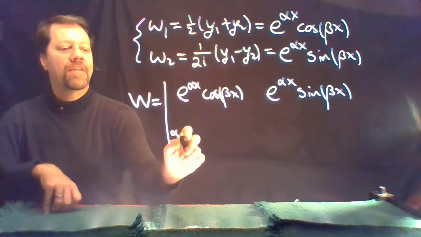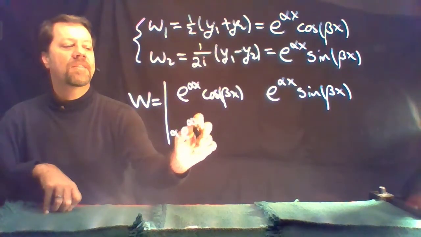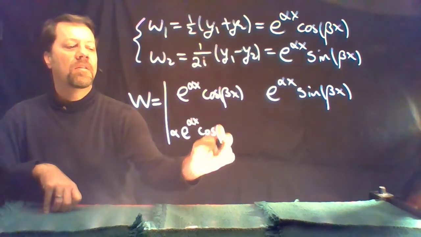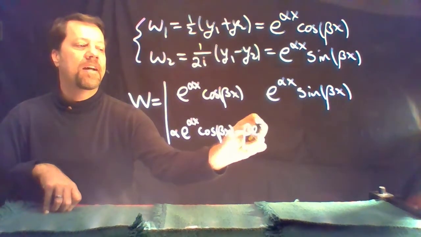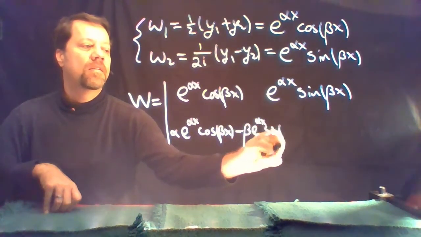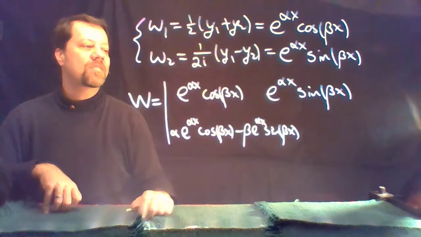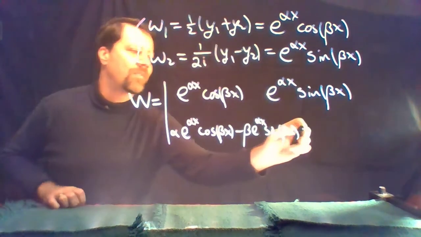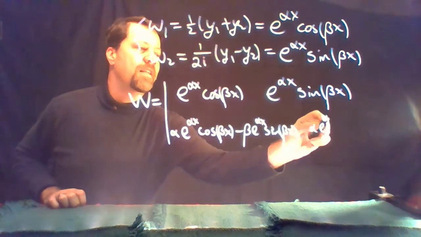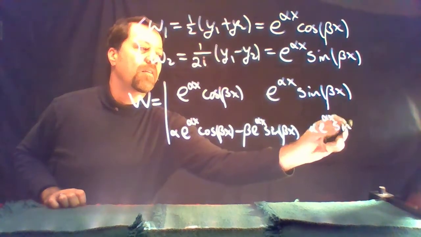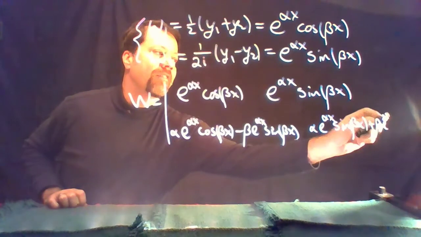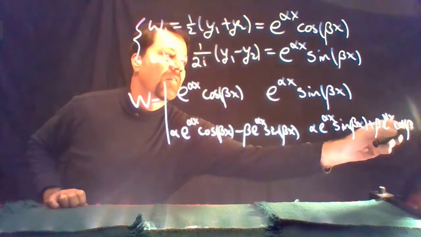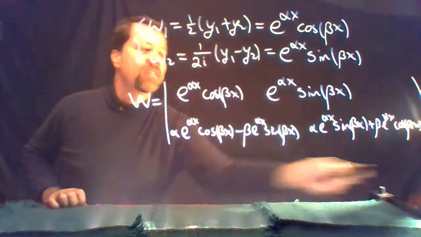So we'll have alpha e to the alpha x cosine beta x minus beta e to the alpha x sine beta x, and also alpha e to the alpha x sine beta x plus beta e to the alpha x cosine beta x.